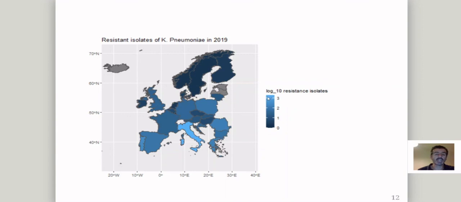The greater number of isolates registered were probably here in Italy. So this is where the greatest number of isolates are found within Europe, which is quite a neat way to get a quick impression of a particular issue related to antimicrobial resistance or health we are interested in looking at.